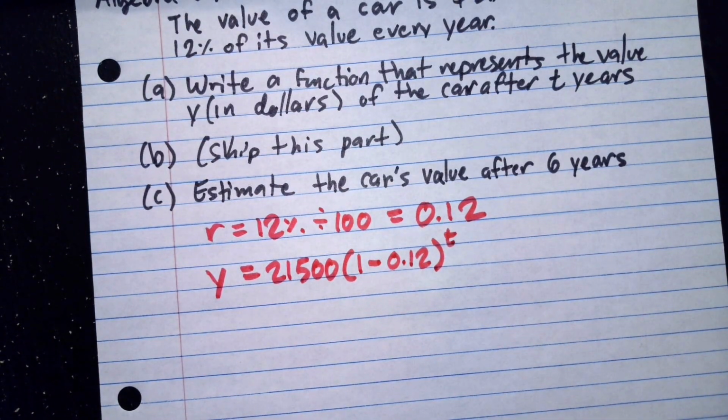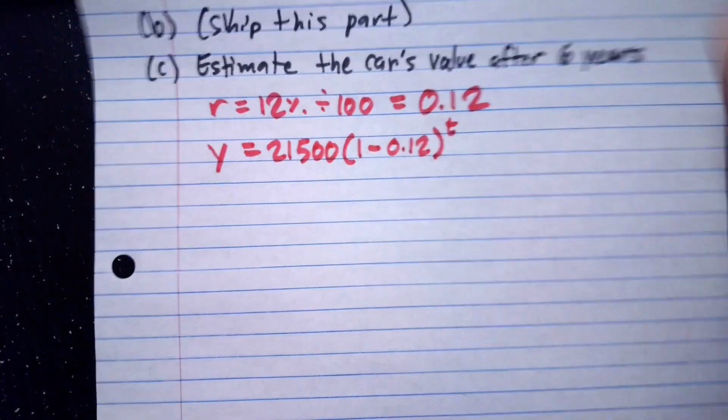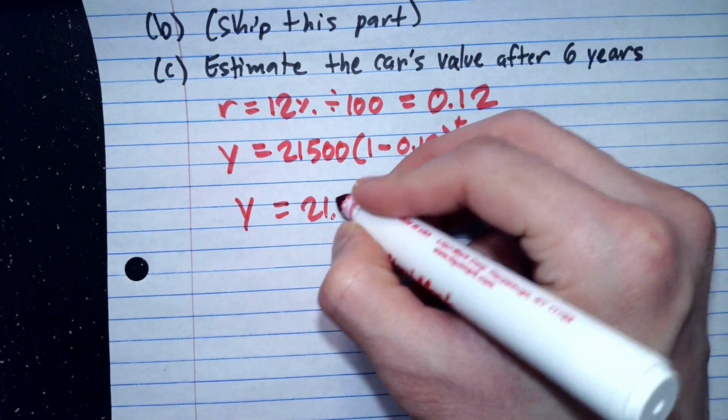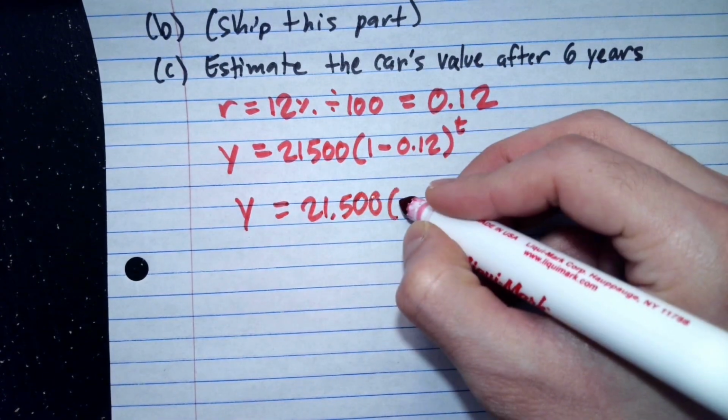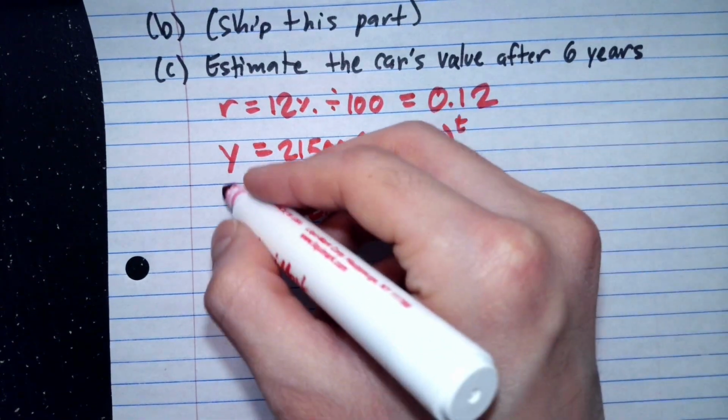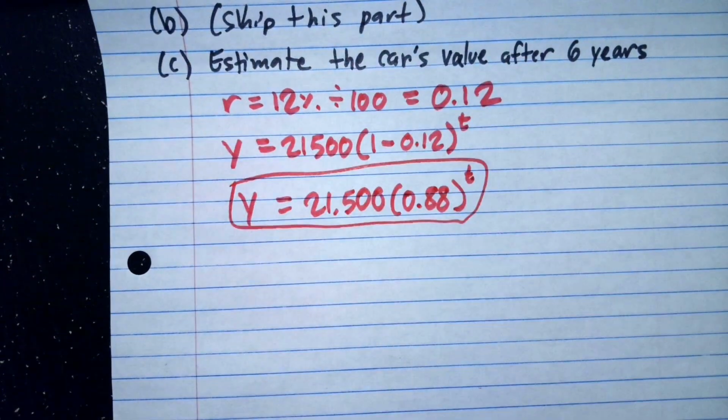Now 1 minus 0.12 is 0.88, so this simplifies further into y is equal to 21,500 times 0.88 to the t power, and this is the answer for part A.